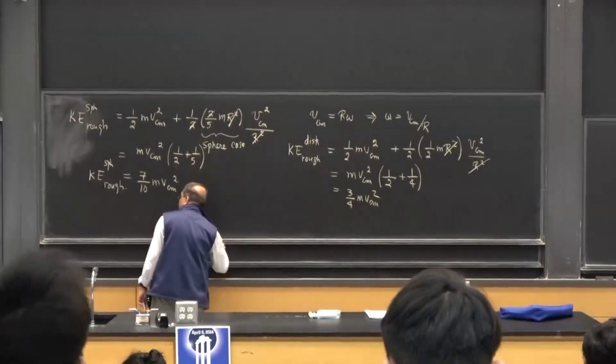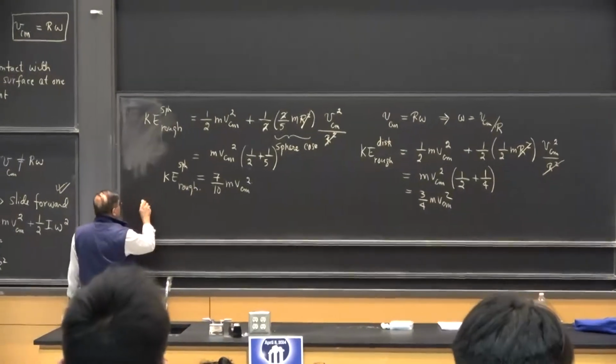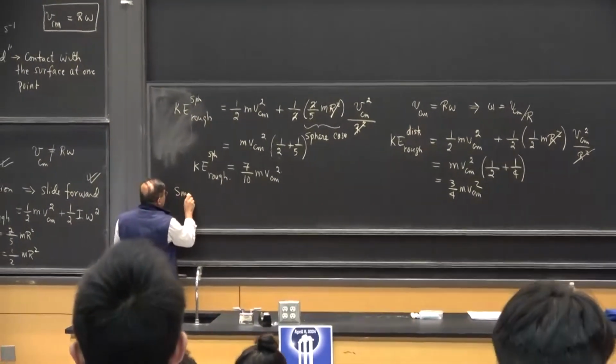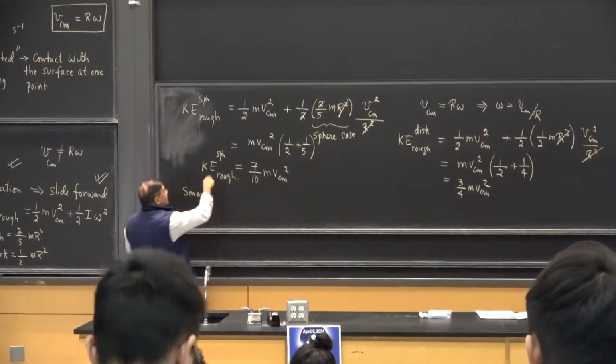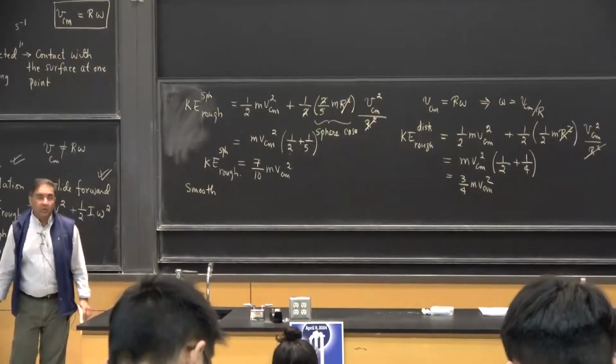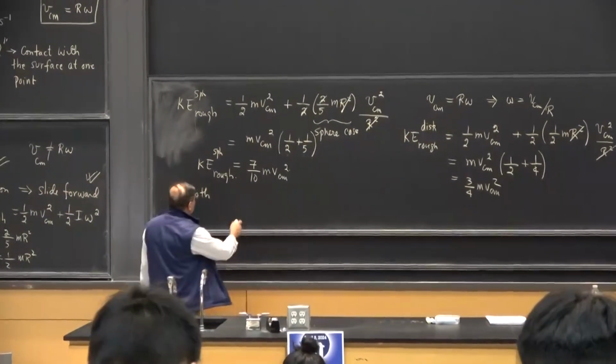So what happens when you have a smooth surface? When you have a smooth surface, all the niceties that we did can't be done anymore. Why? Think about it.